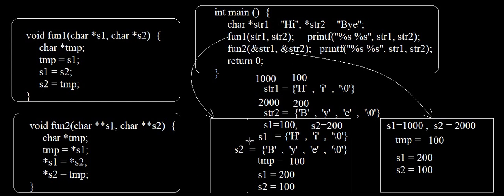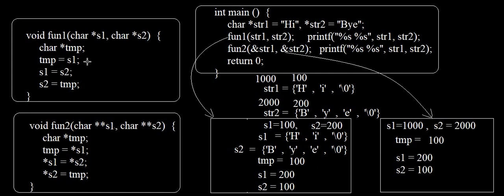So if you place the base address in both the strings, we have to copy the str1 to the s1 and str2 to the s2. Okay, right? So in this block of code, we have s1 equals hi and s2 equals bye, as we do in the call by value, not call by reference. Now here the temporary variable is 100. Why?